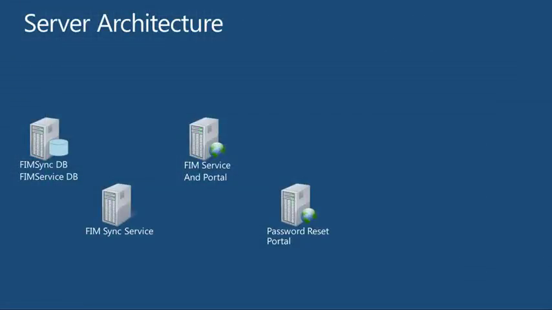So let's start with server architecture. This is your basic server architecture. I think this is a reasonable architecture for a lot of the size environments that I see in this part of the world. So the sync and FIM service databases can be off on a SQL server, perhaps a cluster.